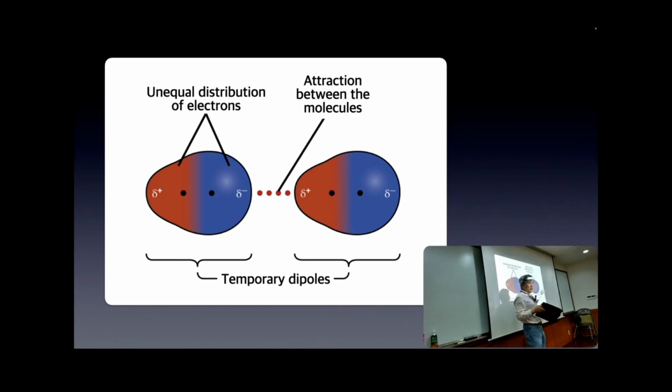Electrons move around, and it is always like this; electron movement is such a random activity. So we can imagine at some point the electron on this left side substance somehow gets too close to this surface, so it has a partial delta minus charge because of the presence of the electrons over here.